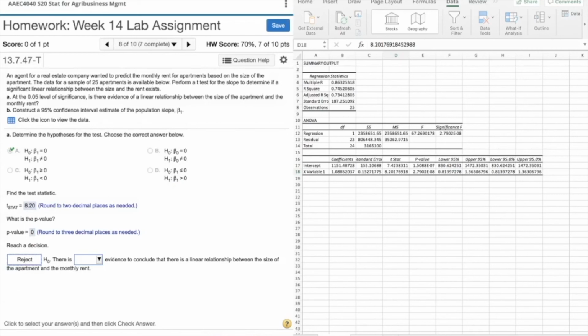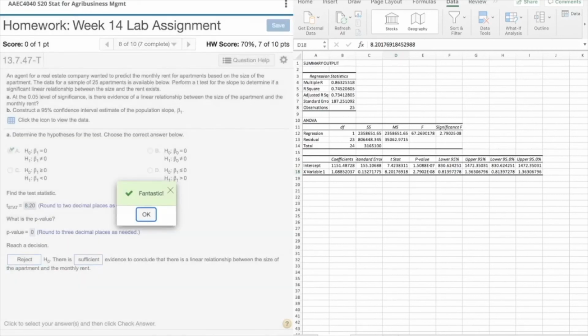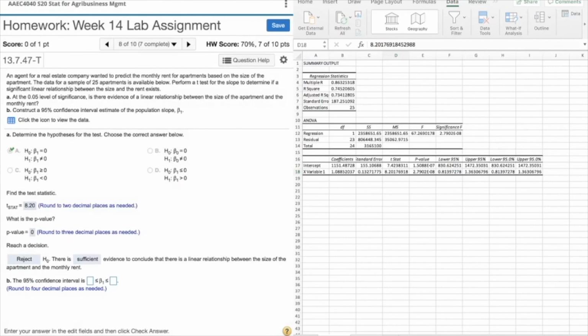Okay, so we reject the null hypothesis because there's sufficient evidence to conclude that there's a linear relationship between the size of the apartment and the monthly rent. And the confidence interval is also in the results.